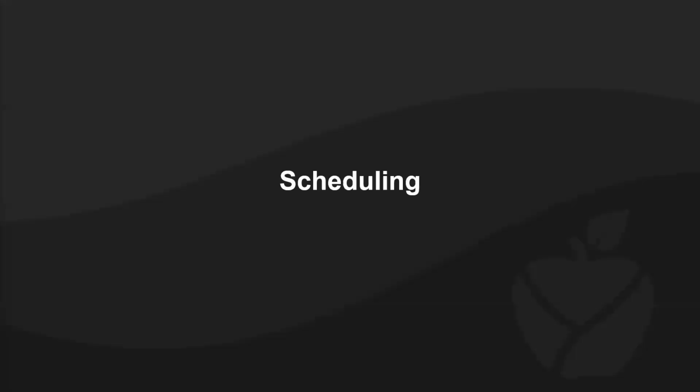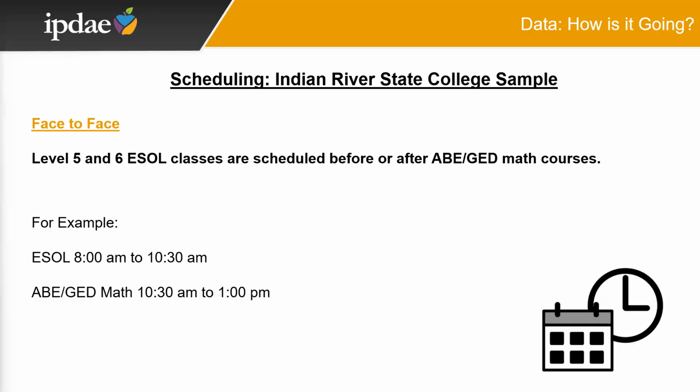Another aspect that we took into consideration when sharing this information with you is how students can be scheduled, because we know oftentimes we have GED classes and ESOL classes going on at the same time, whether it's in the morning, the afternoon, or the evening. So we needed to be strategic in how we scheduled our classes.